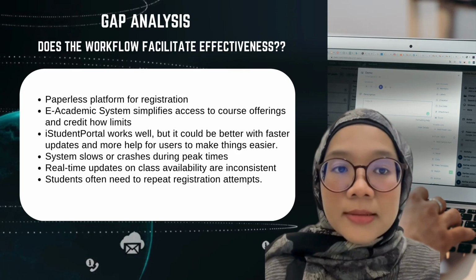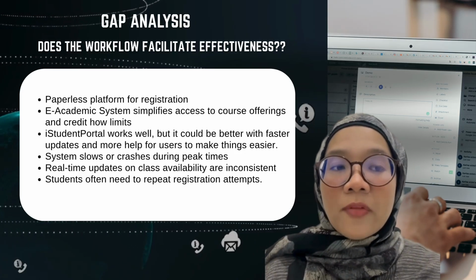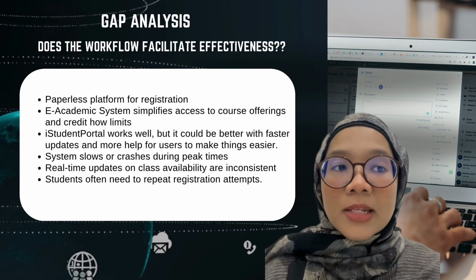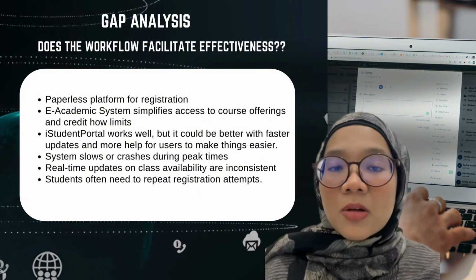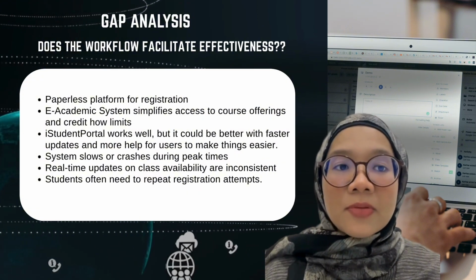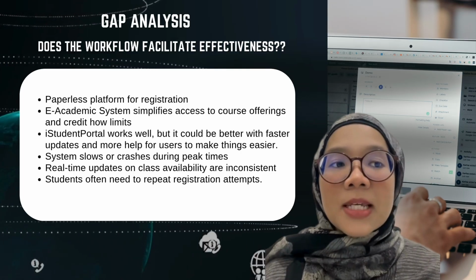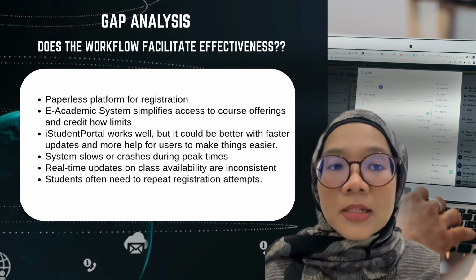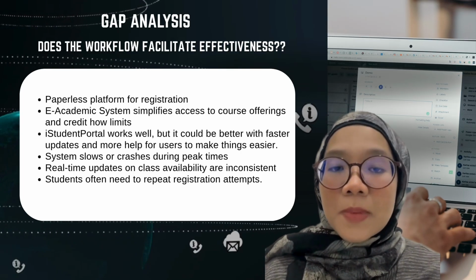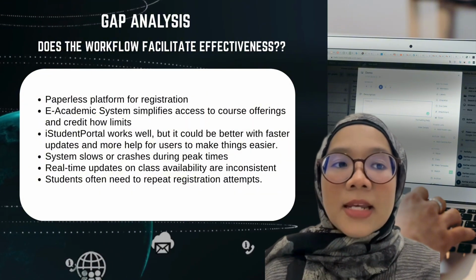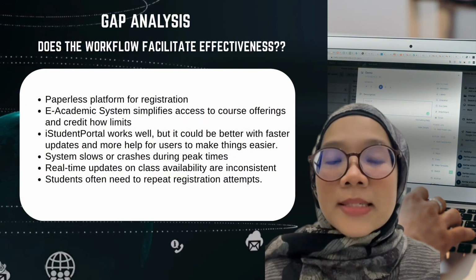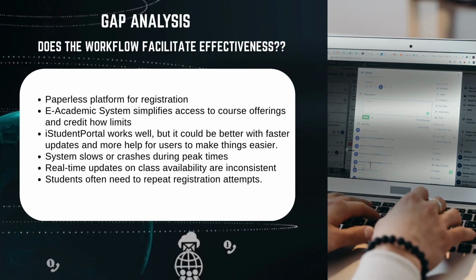In conclusion, while the current workflow offers some digital convenience, it does not fully support an effective or seamless registration process, especially during high demand periods. Improvement in speed, stability, and user support are necessary to make the system truly effective.